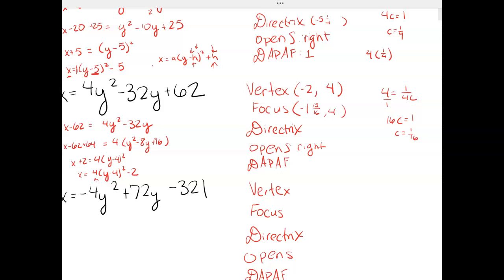And then my directrix should be in the opposite direction, so I should get negative 2 and 1/16, comma 4 if I went to the left of the vertex. Alright, and then finally my distance across the parabola at the focus should just be 4c. Well, 4c is just going to be 4 times 1/16, otherwise known as 1/4.